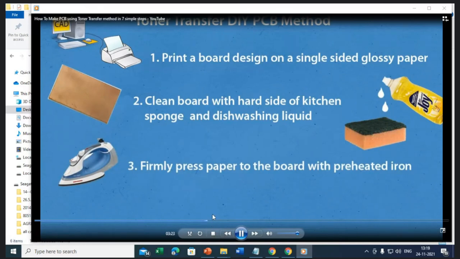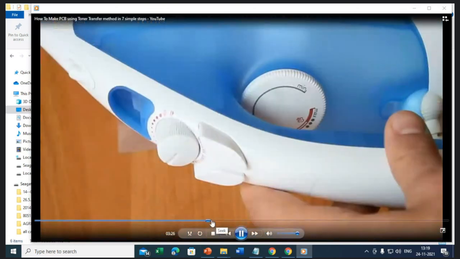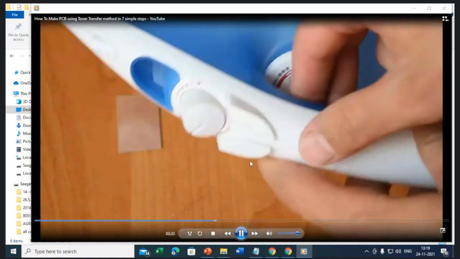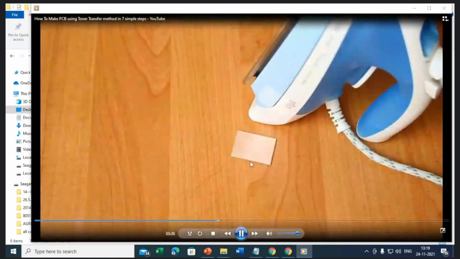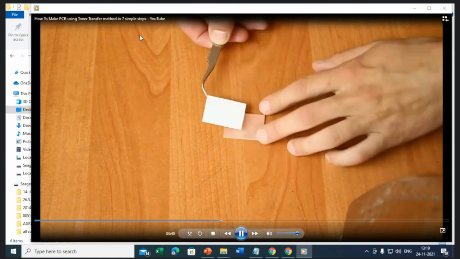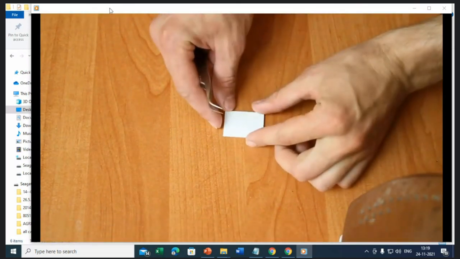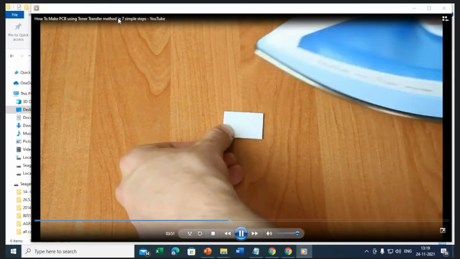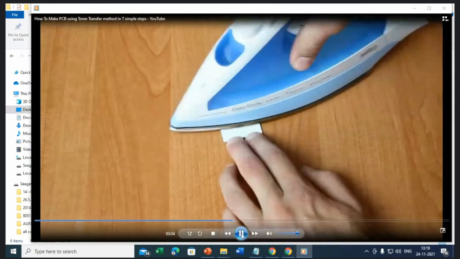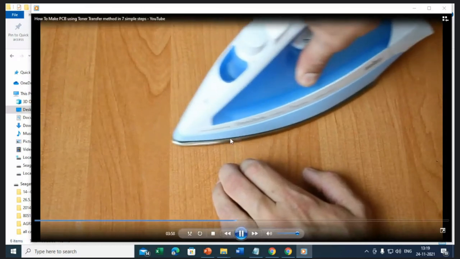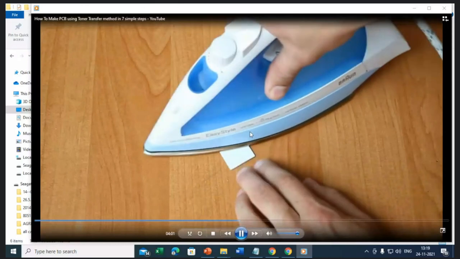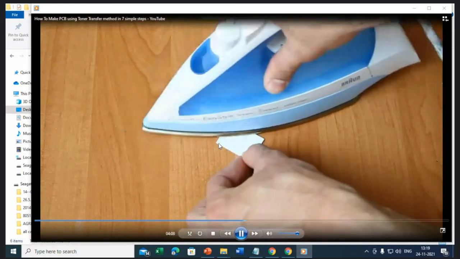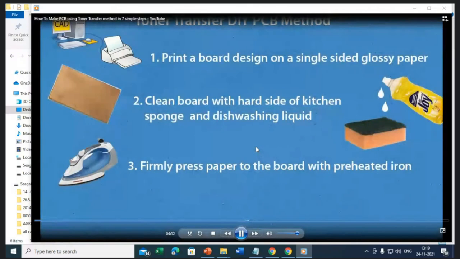Firmly press the paper to the board with the preheated iron. At the edges, you should focus, because if you find any air gap between the paper and the PCB, it won't stick.